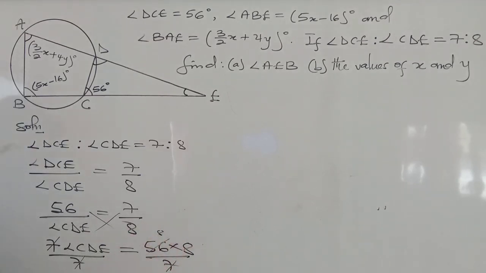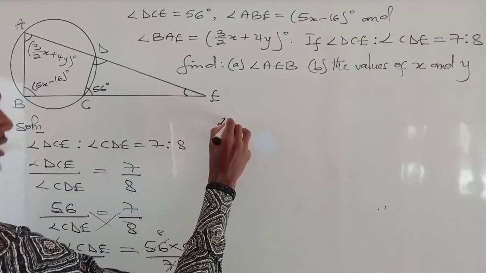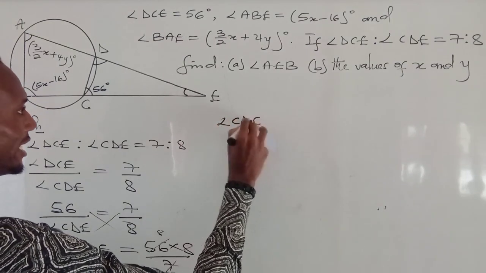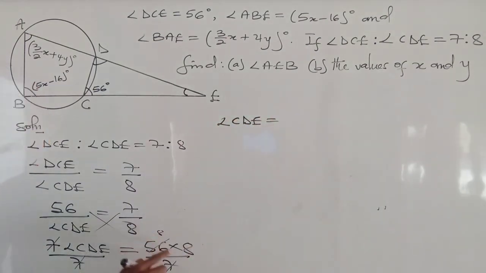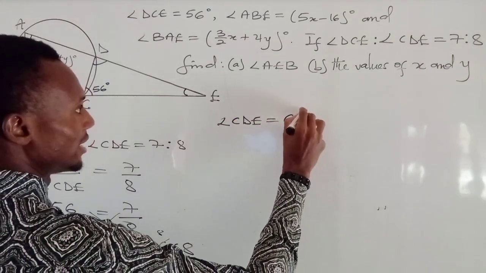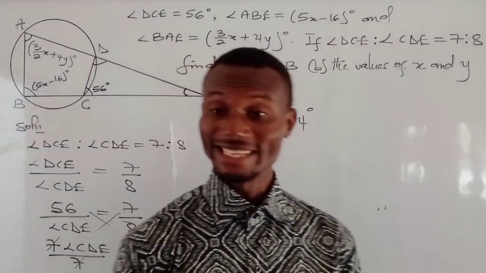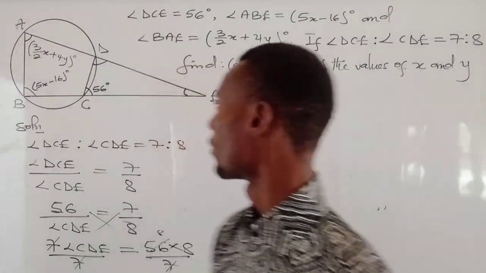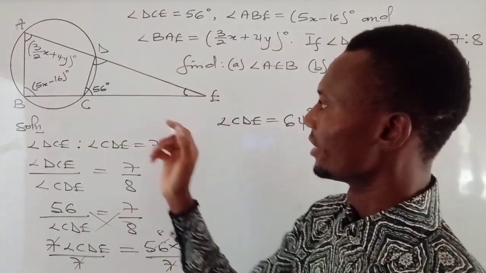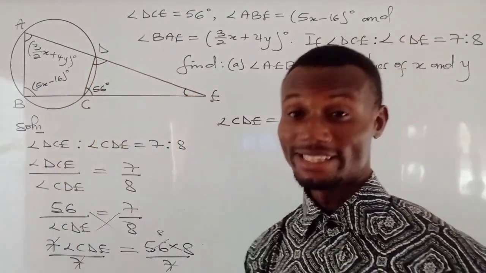So I'm going to get that my angle CDE equals to 8 times 8. It gives 64. So I'm getting 64 degrees. So the angle CDE is 64 degrees. Angle CDE, talking about the angle here, is 64 degrees.